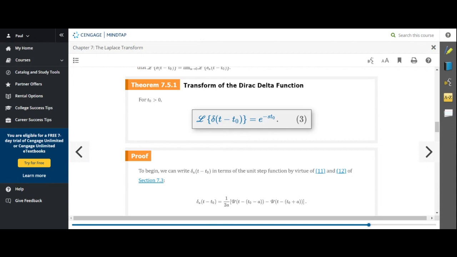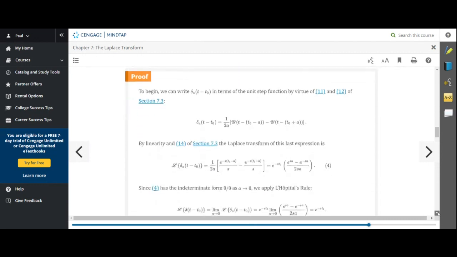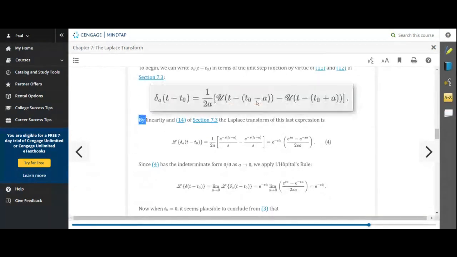The proof is below. It relies on the fact that the Dirac delta function can be written as the difference of two unit step functions, and it goes from there. But let's not get caught up in too many heavy details.